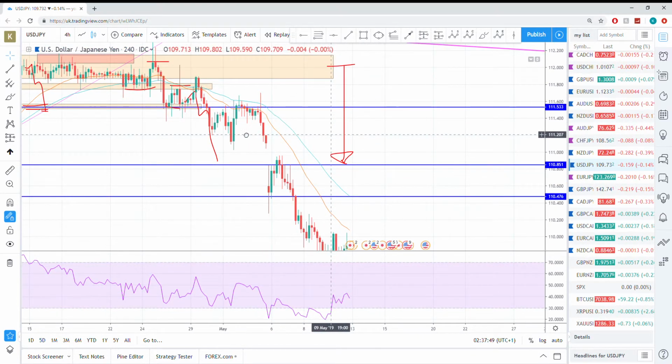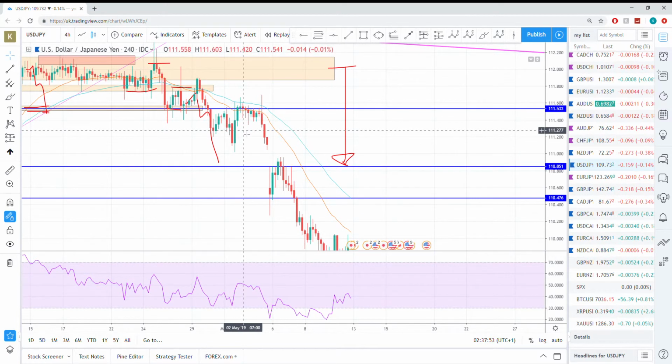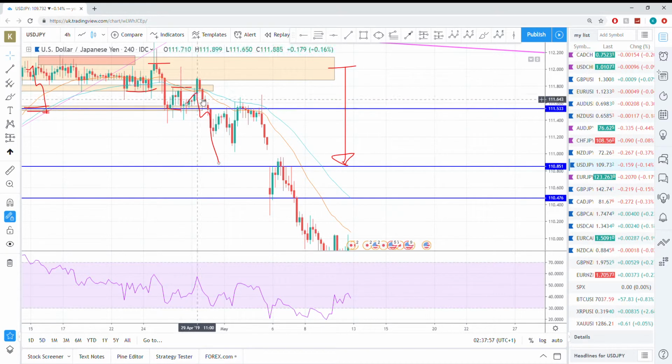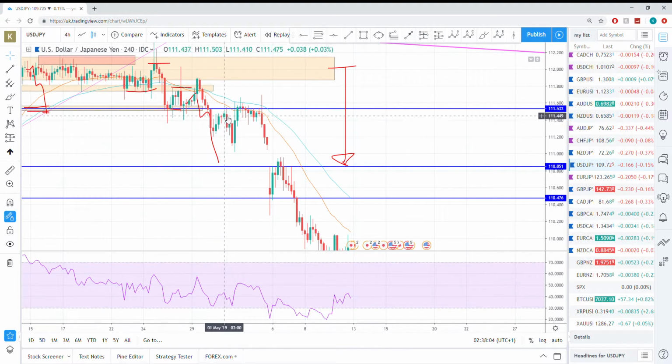The initial push for this move that I made in the last video was to come up to this point here, get some rejection, which we did, push downwards, and get some sort of retest at some point of this key zone here, which we managed to get exactly here.